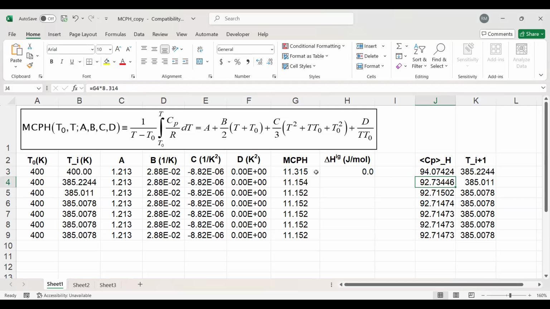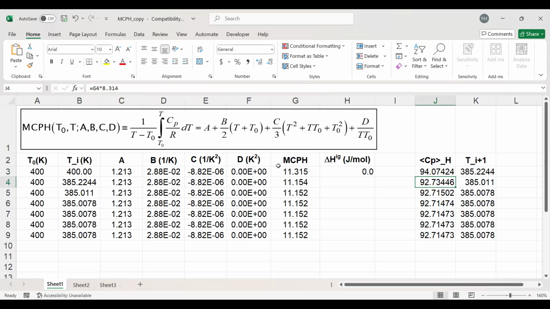So this is the CP. What happens here is that the last temperature assumed, or the last temperature calculated, becomes your next T. Then you calculate for the CP.